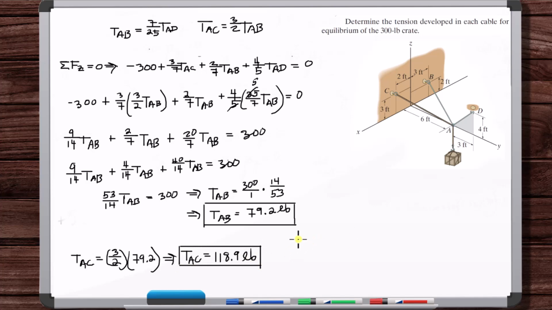Okay, now we just need TAD, and let's use this equation. TAD is 25 over 7 times TAB.